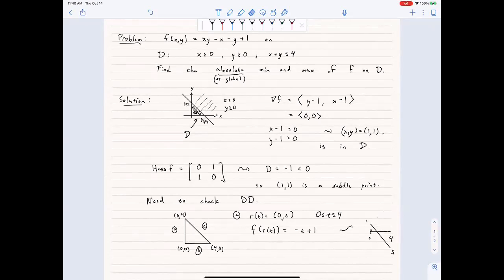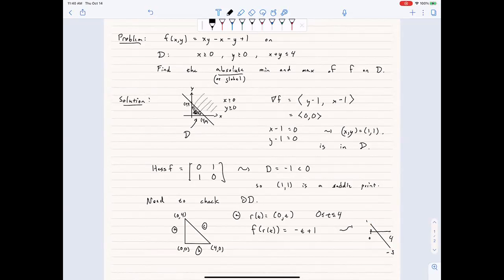I'm sorry, negative 3. So what are we trying to do on this edge? We're trying to extremize this function, trying to find the maximum and minimum values of f along this edge. Well, you can see that the largest value of f along this edge is 1, and the smallest value is negative 3.